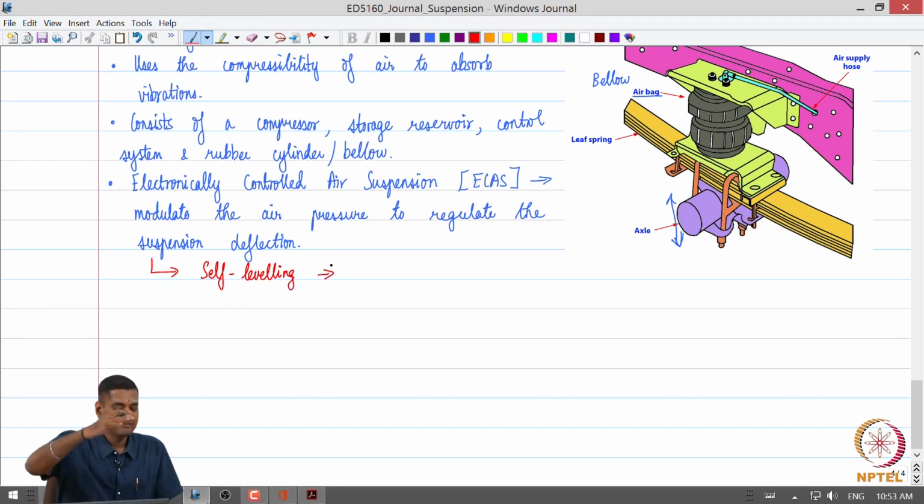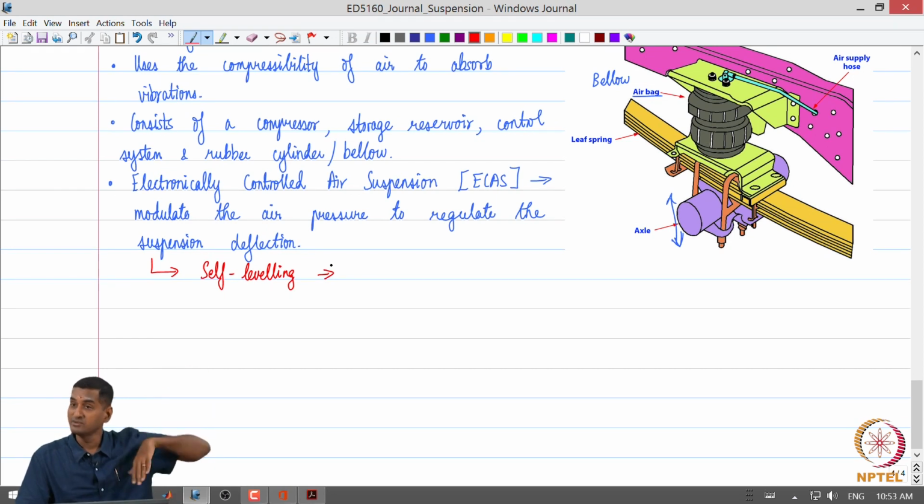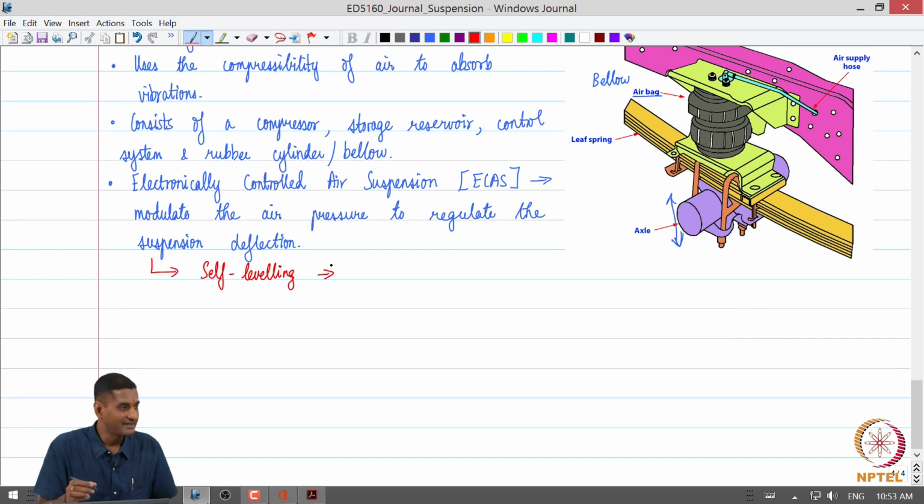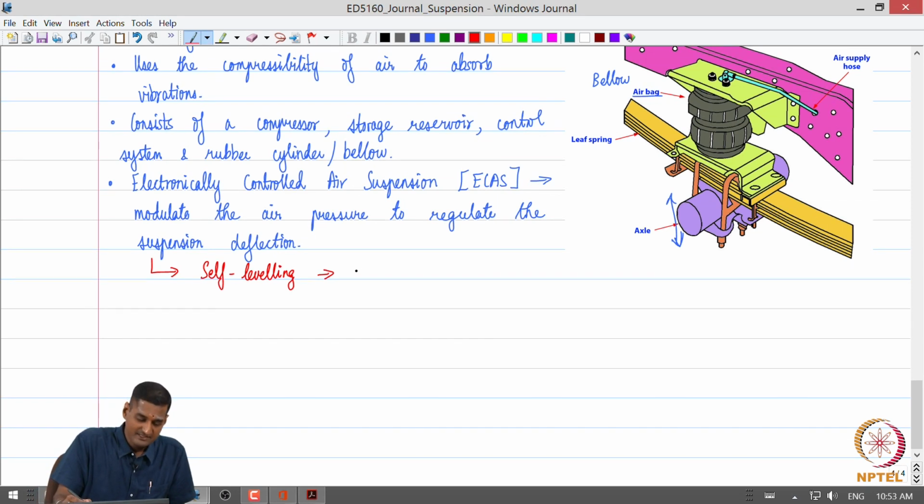Suppose the truck or a bus is traveling on uneven roads and there are changes in the load, as we discussed, from fully laden to fully unladen, but we want a constant ground clearance, or what is called the ride height. Okay. This air suspension can adjust the suspension deflection to maintain a constant ride height. That action is what is called self leveling.